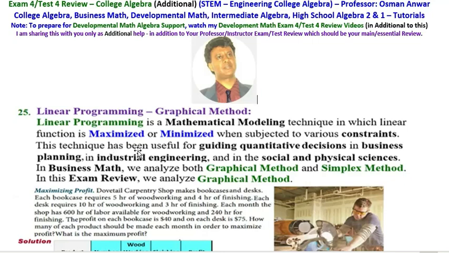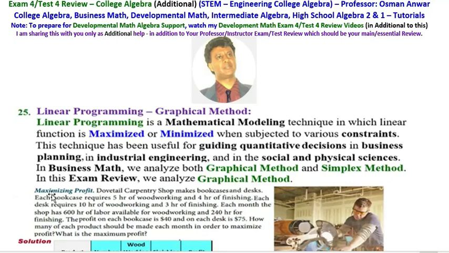This technique has been useful for guiding quantitative decisions in business planning, in industrial engineering, and in social and physical science. In business maths, we analyze both graphical method and simplex method. In this exam review, we will analyze graphic method.